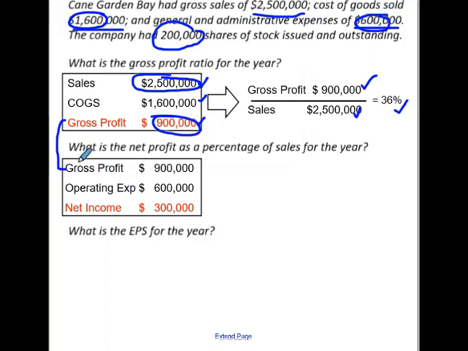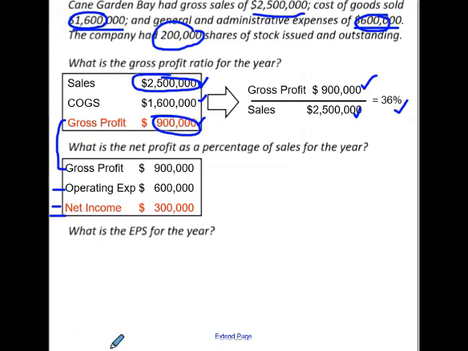So I take that gross profit minus my operating expenses, and that equals net income. This would be equal to both net operating income and net income since I had no other non-operating income or expenses. So that would be the same.